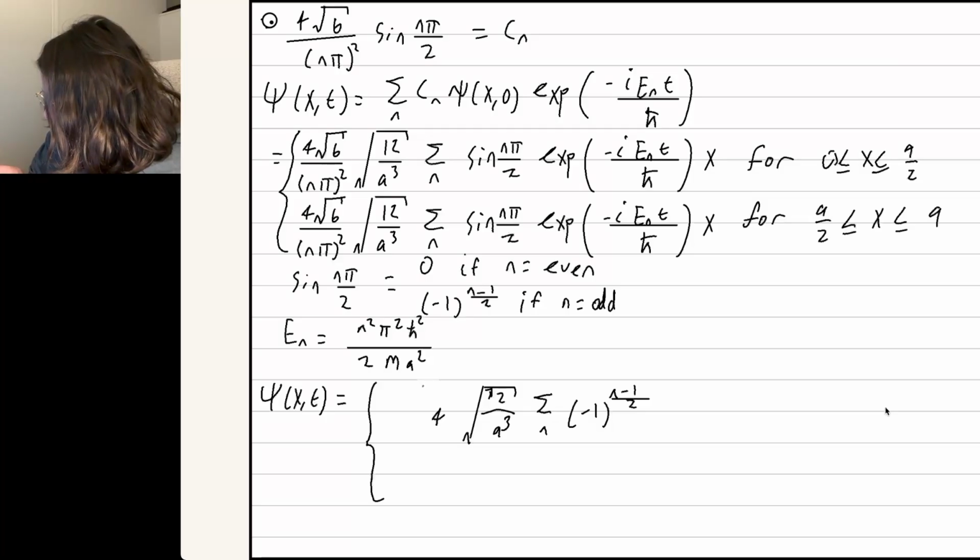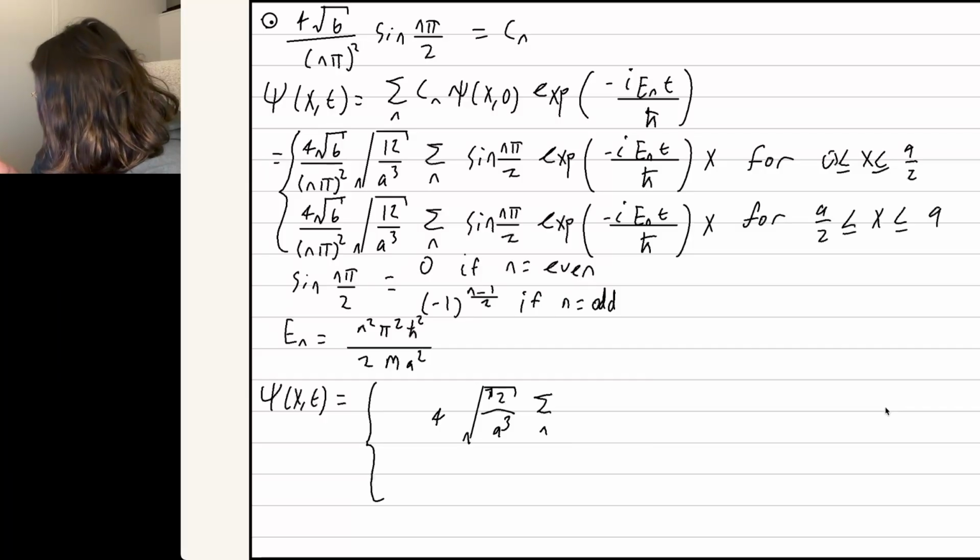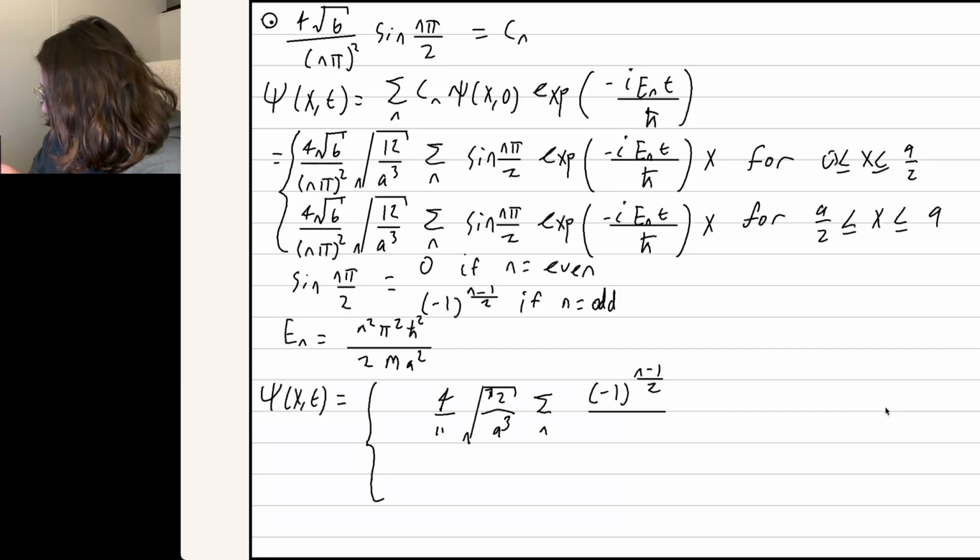4, and then minus 1 to the n minus 1 over 2 over, 4 can be over pi squared. This can be over n squared.